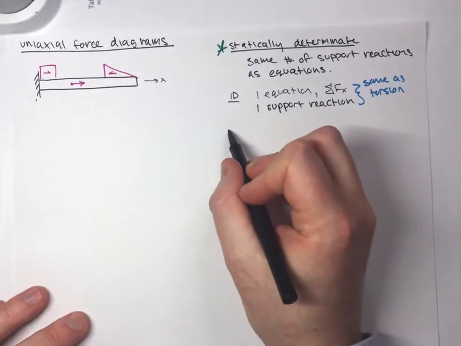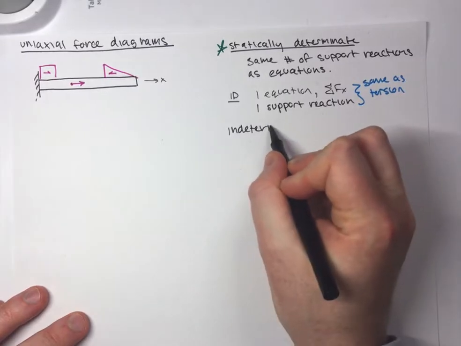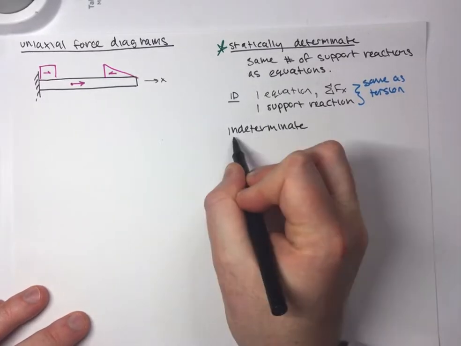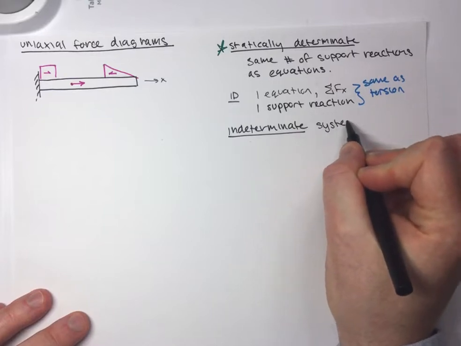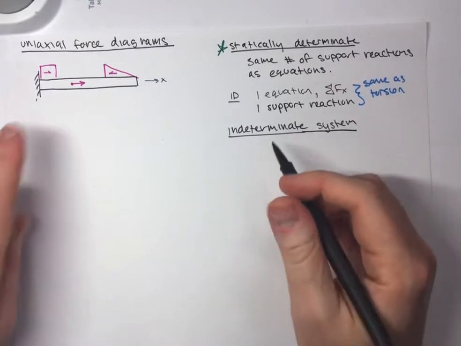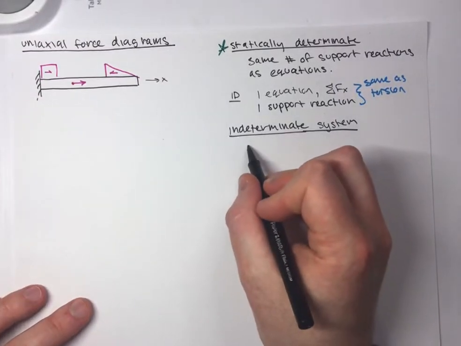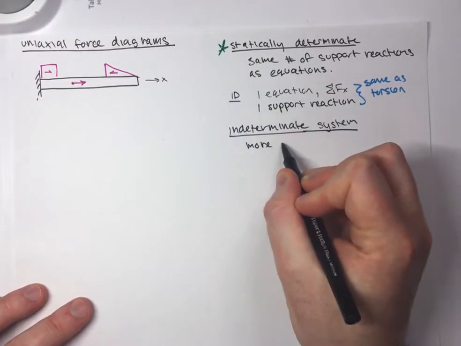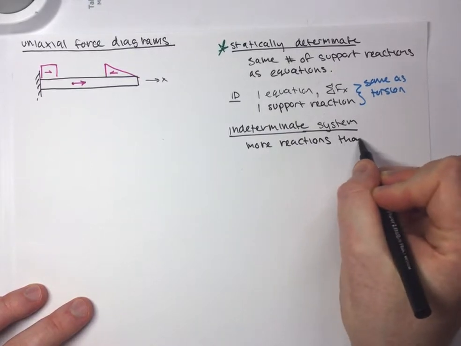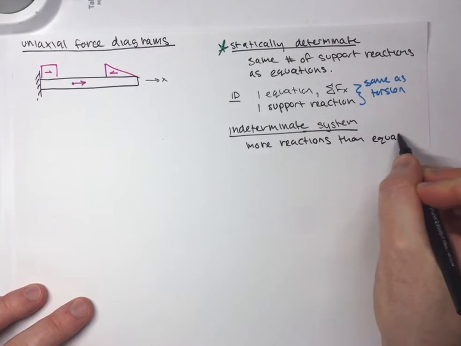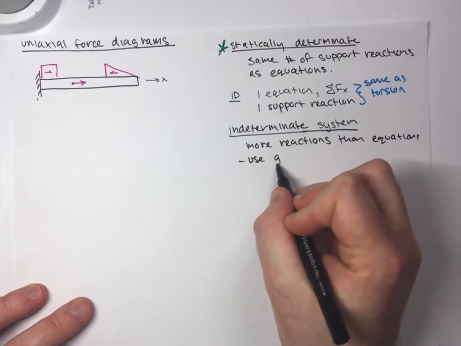What's the opposite of a statically determinate system? Is an indeterminate one. And in 1D, we looked at these, right? We would have two fixed ends, one on either side. And what we're really saying here is we have more reactions than equations. And this is when you need to use governing equations.